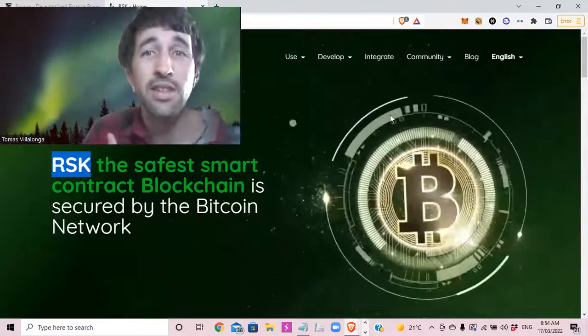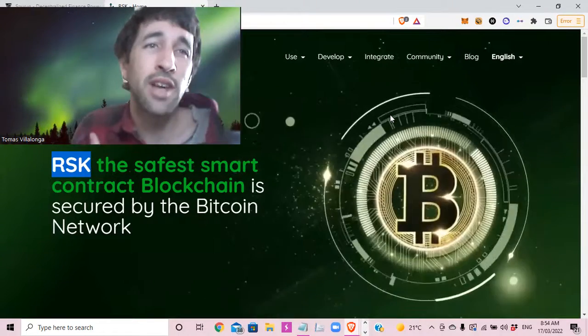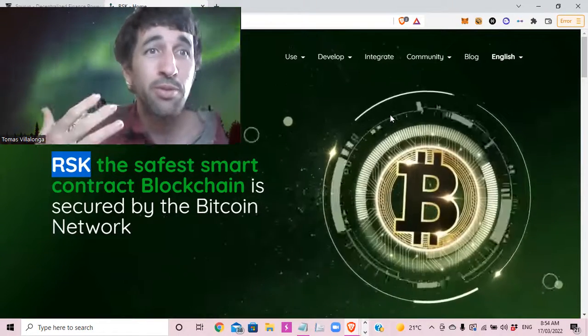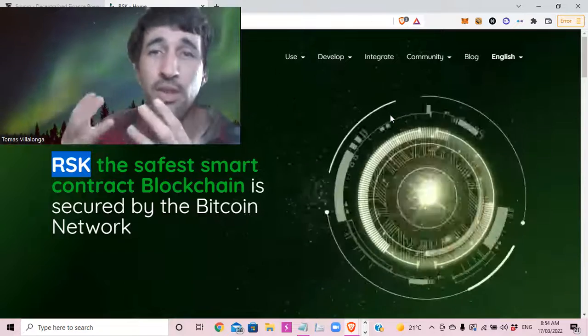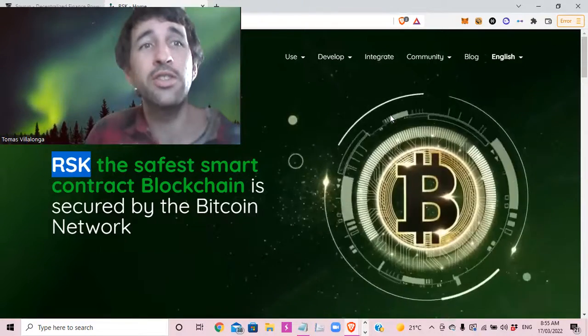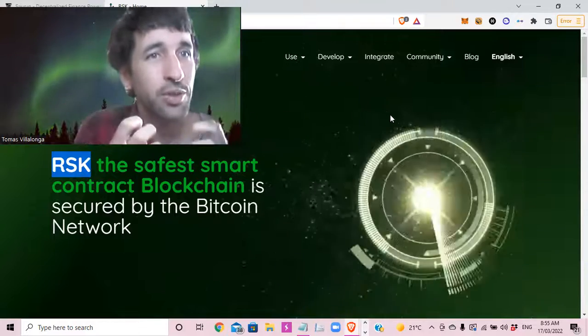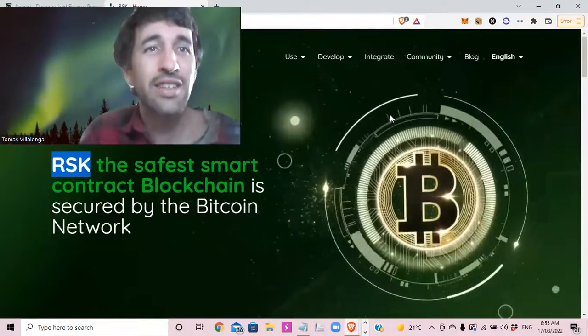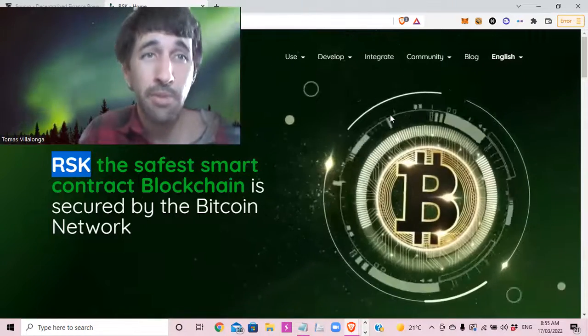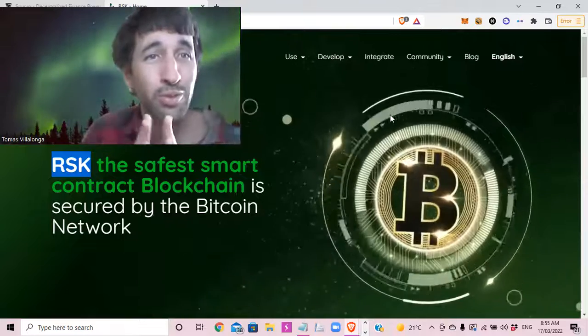To me, it is the most exciting thing happening in crypto right now. I think merging these two, the operability of Ethereum plus the security and stability of Bitcoin, is the way to go forward, in my opinion. You have to do your own research, of course.